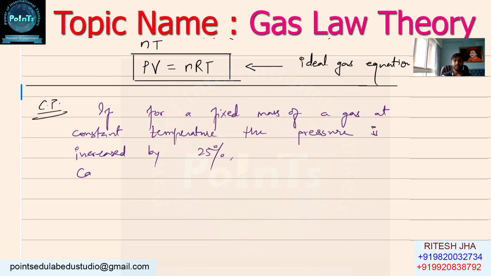Calculate the percentage change in its volume. If for a fixed mass of a gas at constant temperature, the pressure is increased by 25%, then calculate the percentage change in its volume. Come on, guys, do it.